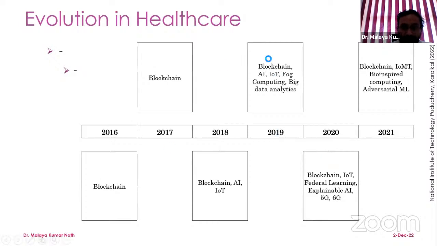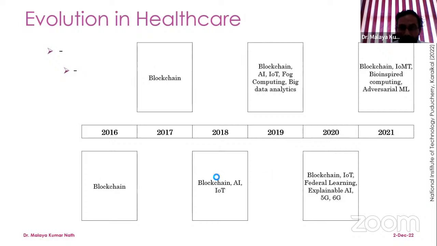In 2019, blockchain, AI, IoT, fog computing and big data have been used in healthcare systems. This provides the advantages of telemedicine and intrusion detection in IoT-based healthcare systems. This uses a decentralized server for exchange of data, image data processing, and human activity detection.